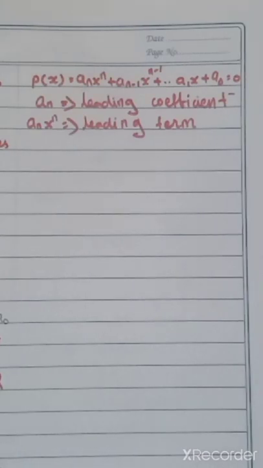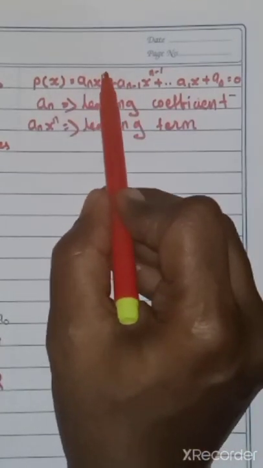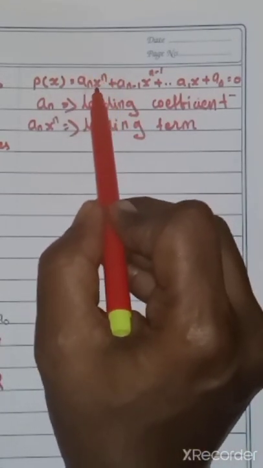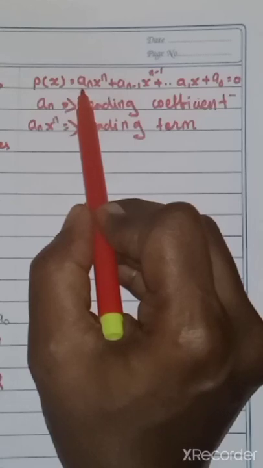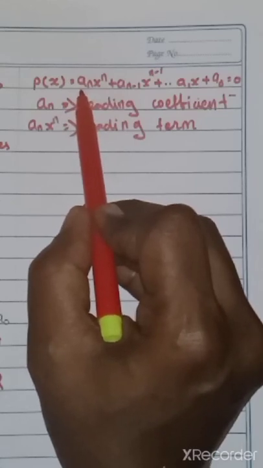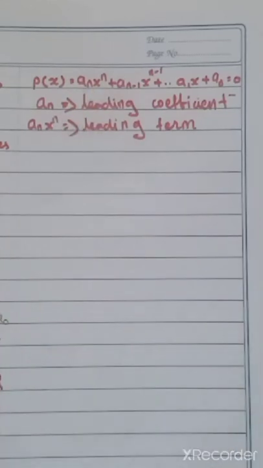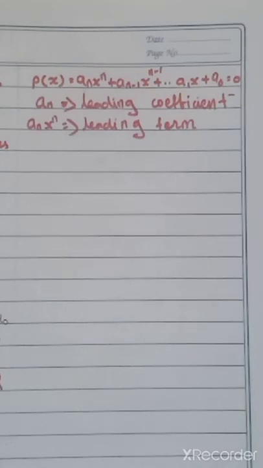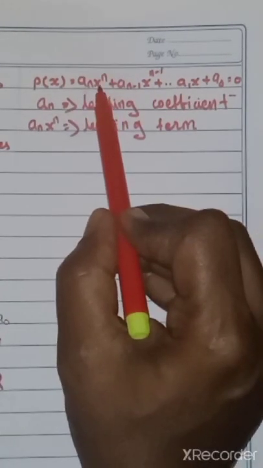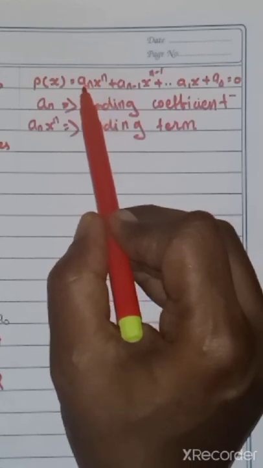Okay, and next, polynomial with the leading coefficient. Suppose this is your highest power, and if the coefficient of the highest power is 1, then it is called a monic polynomial. What is that? The coefficient of the highest degree, that is the leading coefficient.